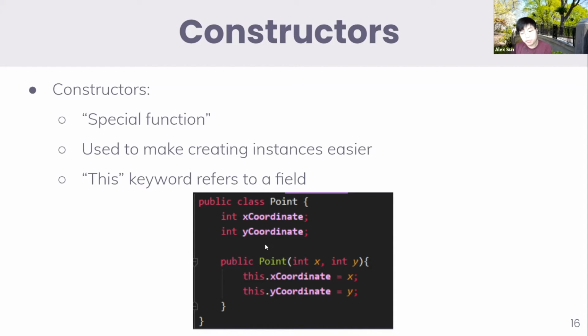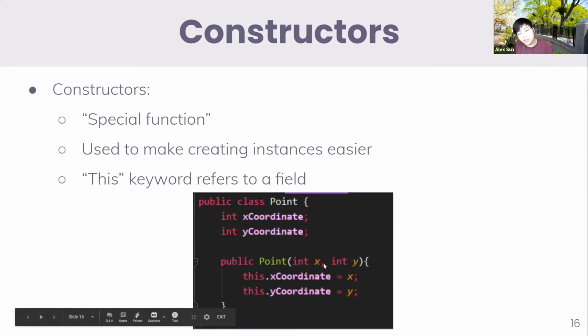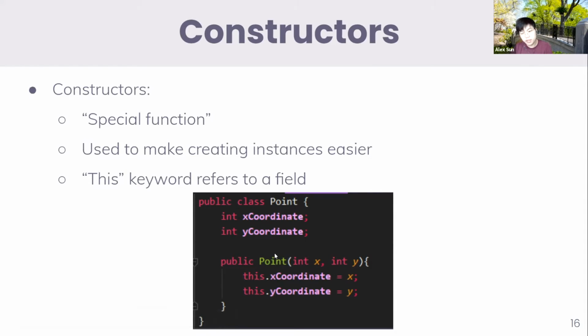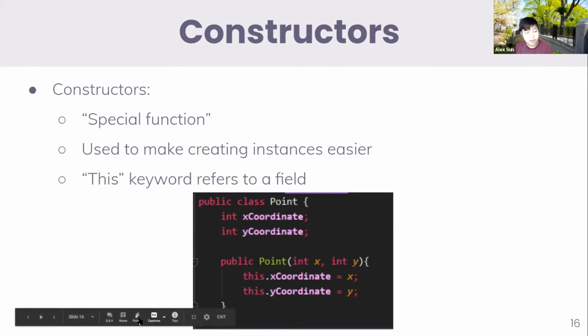You actually don't have to use this in this specific case because the names are unambiguous, they're different names. But sometimes people like to write their code such that it's int xCoordinate, int yCoordinate in the input, and if they name the input xCoordinate the same thing as the field, you would use this to differentiate them.